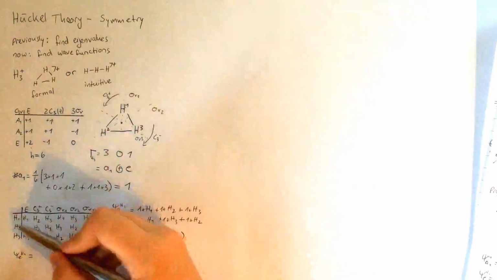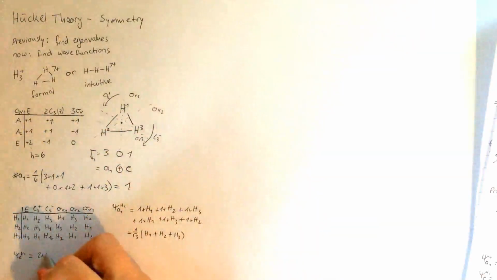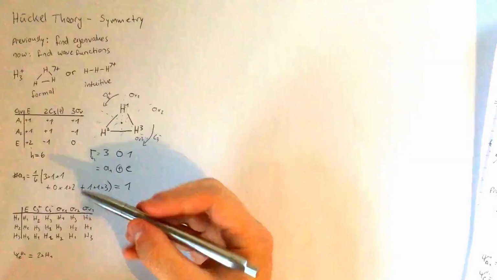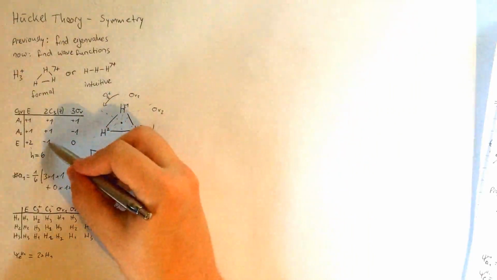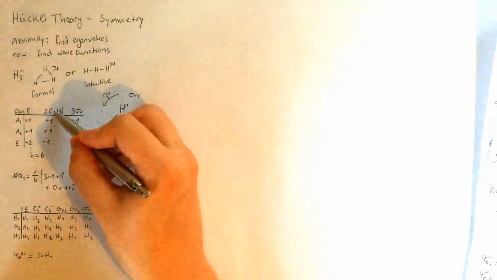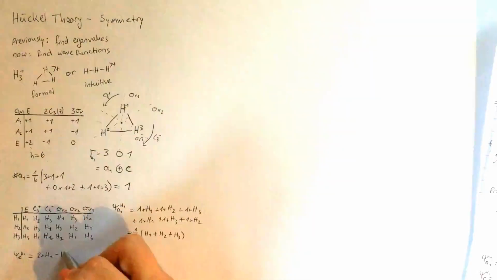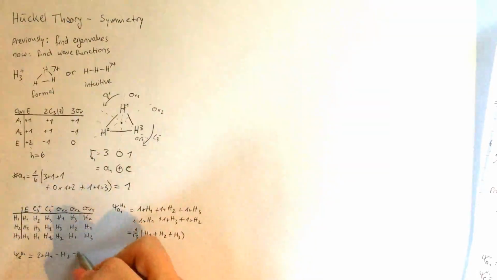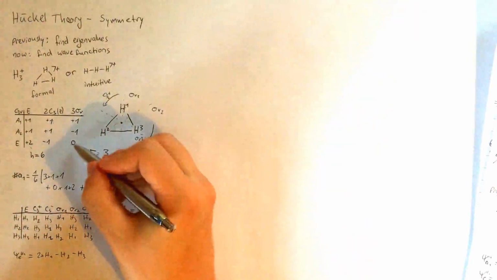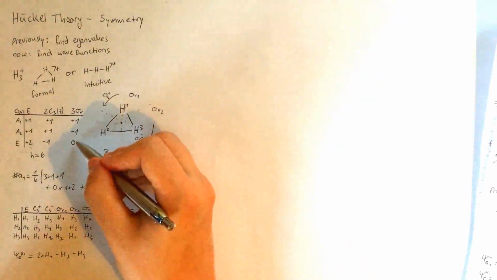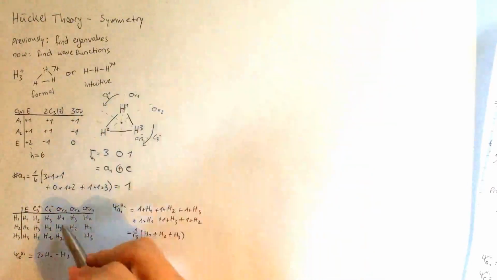So I have 2 times H1. And then I have minus 1 for each of the C3 operations. So minus H2 minus H3. And there's a 0 for the mirror planes, so I can just ignore these.